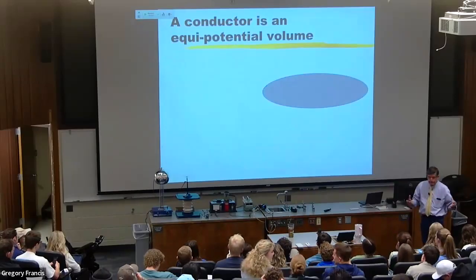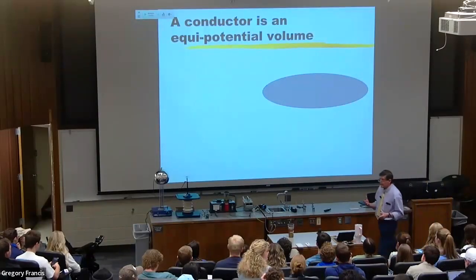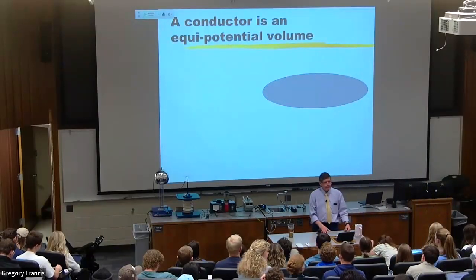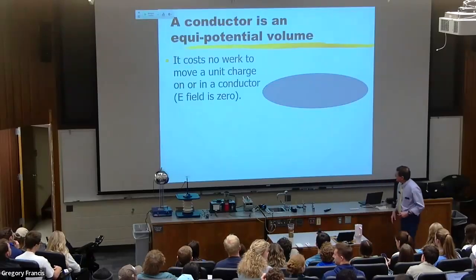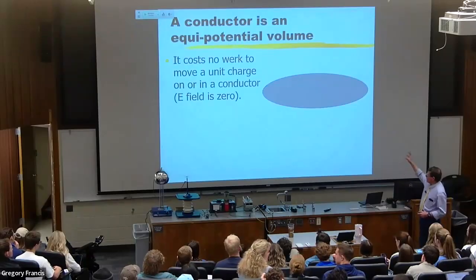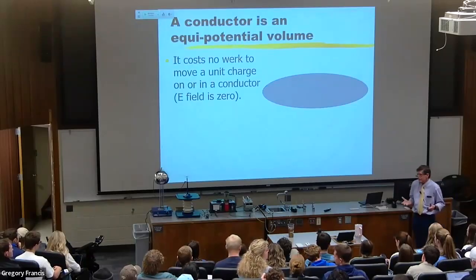If I had a metal object shaped like this, because it's metal, the electric field has to be zero everywhere inside that metal. And what that means is that it costs no work to move a unit charge on or in a conductor. It's not fighting any field.